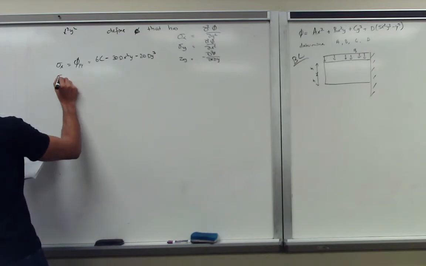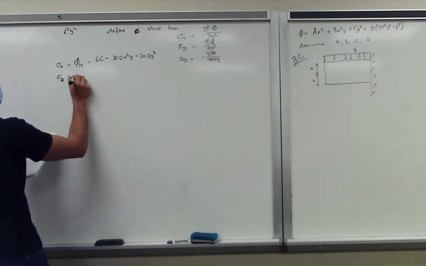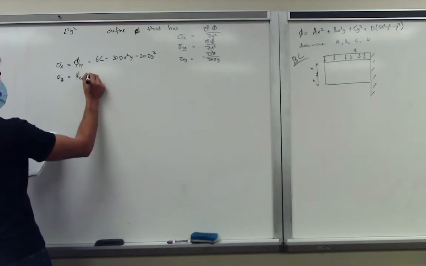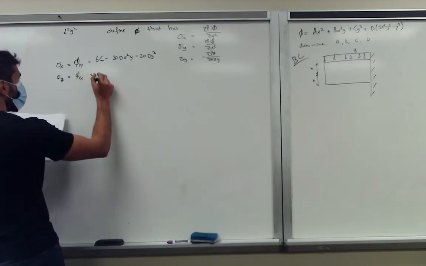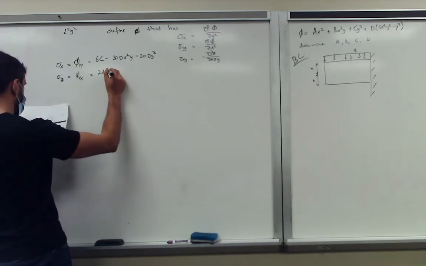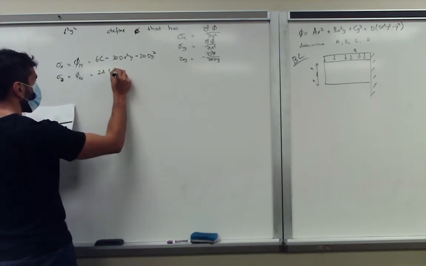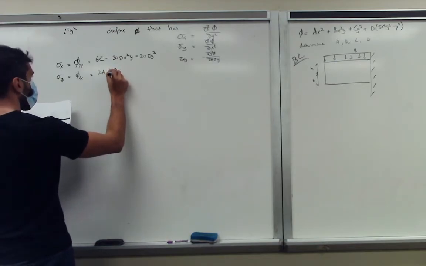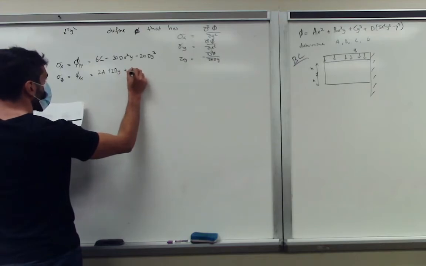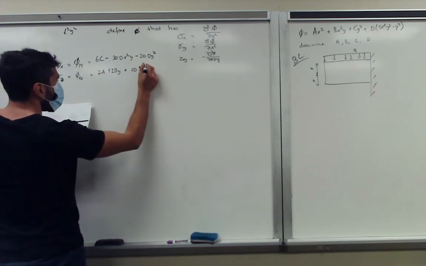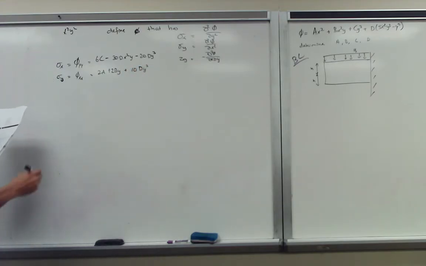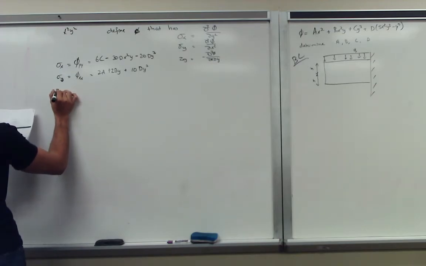Sigma y, the second derivative with respect to x, is 2a plus 2by plus 10d y to the power 3, and then minus tau xy.